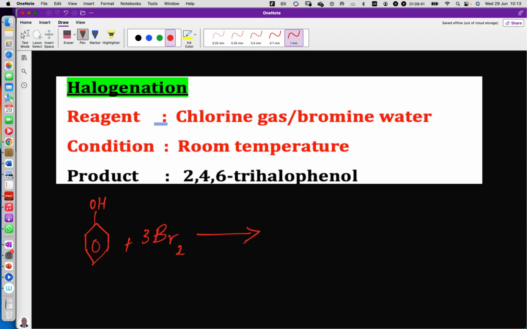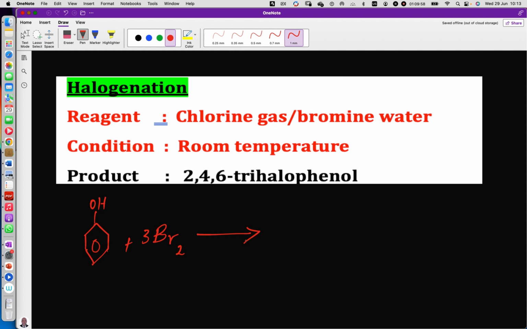As I said, in phenol the OH group is electron donating, and it is 2, 4, and 6 directing. It is ring activating. It activates the ring at the 2nd, the 4th, and the 6th position.